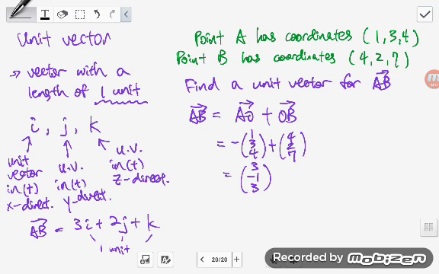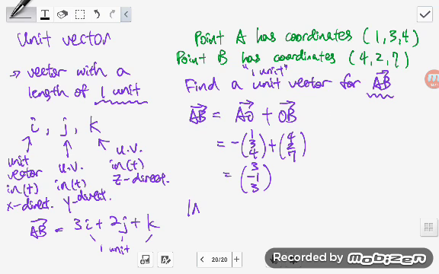So the question wants us to find a unit vector for the vector AB. All that means is, all we have to do is to find a vector that has a length of 1 unit in the direction of AB, right? So since we already have the direction vector of AB, all we have to do now is to find the length of this vector.